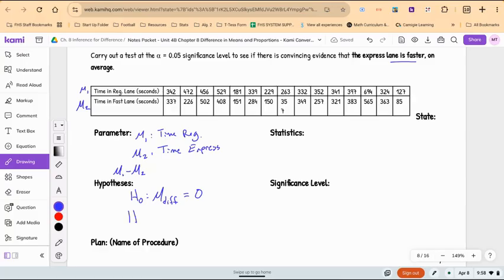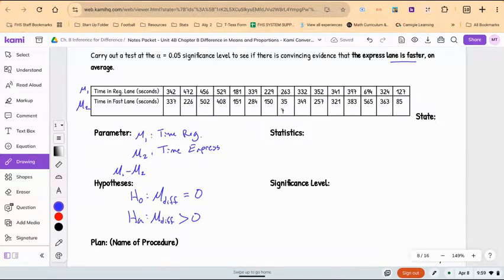And then my alternative has to match up with what they want to know. So we want to know if the express lane is faster on average. So that means when I subtract those two, okay, if I do mu1 minus mu2, then I should have a positive number because I'm taking the time in the regular lane, which should, in theory, be a bigger number, minus the time in the express lane, which in theory should be a lower number. So I still should have a positive number. So it's greater than 0.